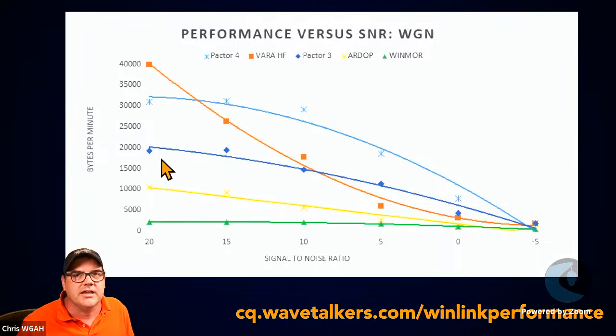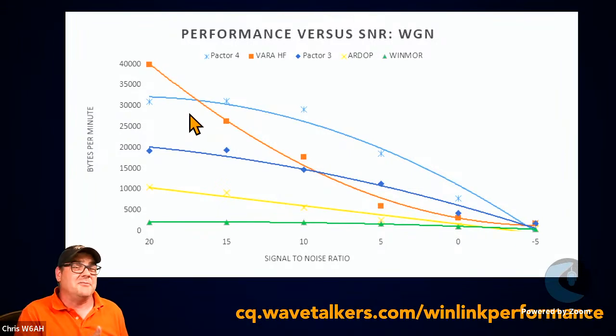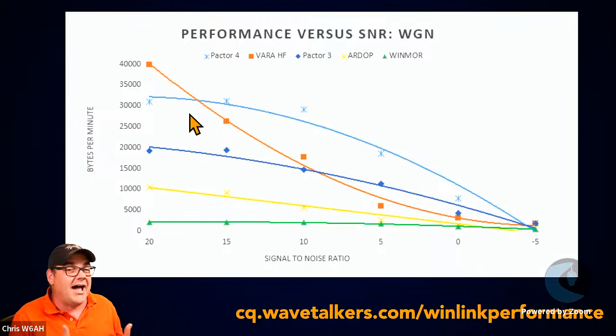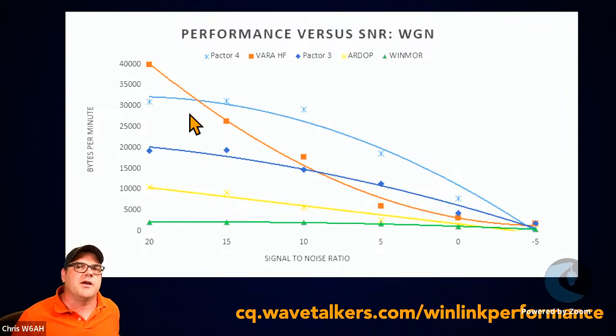Pactor 3 is coming in as these blue diamonds, and Pactor 4 is coming in as the lighter blue X's here. So Pactor 4 is holding really well. Pactor 3 or Pactor 4 and Vara HF are actually pretty similar in their performance as far as what I've seen. Conditions change all the time, and so one may outperform the other depending on the specific situations.